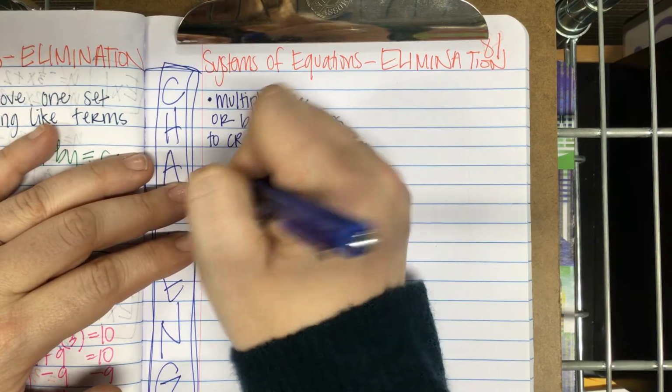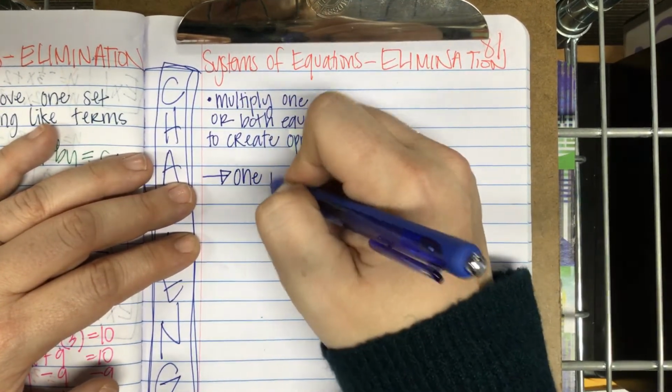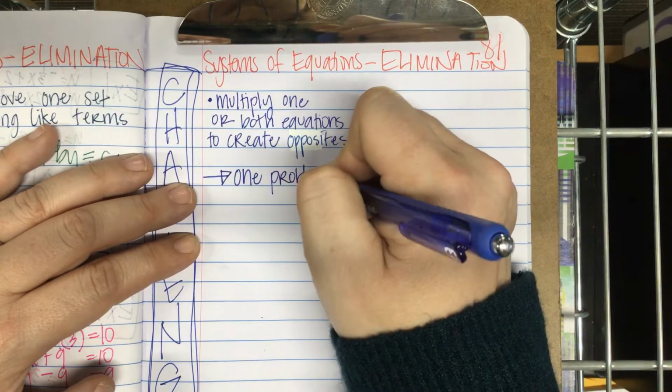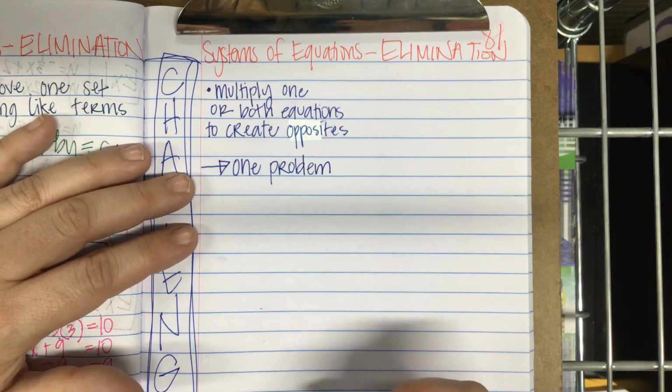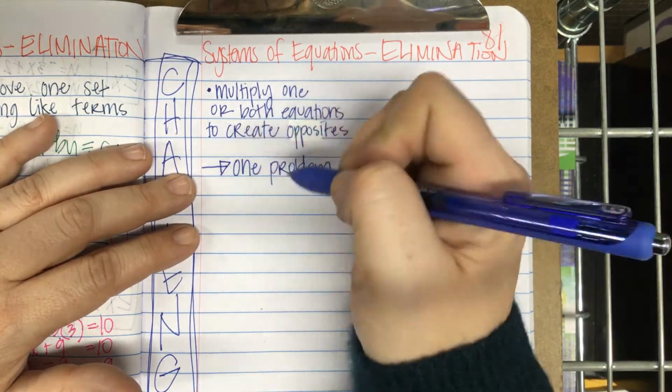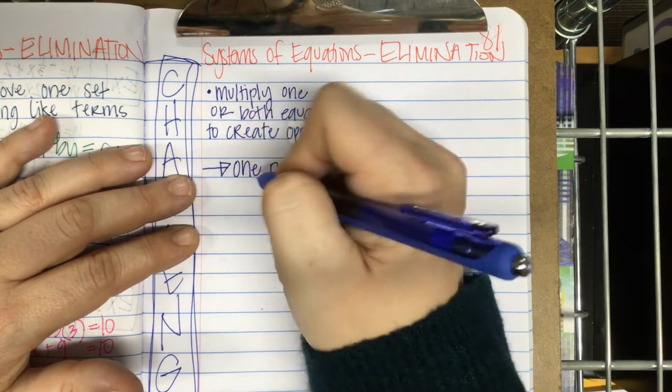Here's my advice. If you go the one problem route, it's because they are multiples.